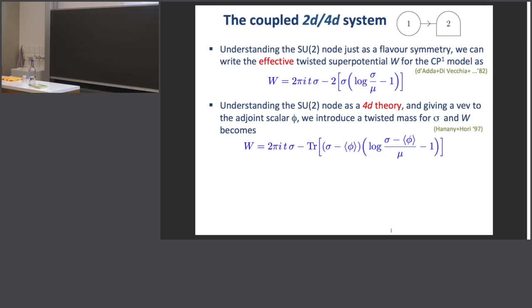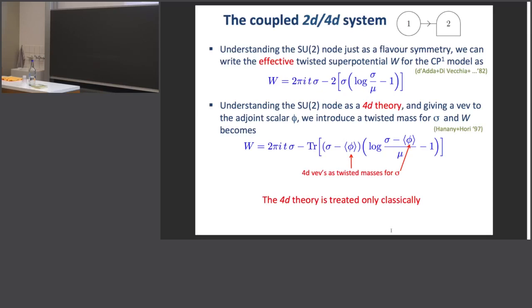And therefore, I can consider, for example, exploring the Coulomb branch of this SU2 and give a vacuum expectation value to the scalar field, which, as Ami and Hori pointed out several years ago, induces masses, twisted masses for the sigma field. So this is a four-dimensional way of describing the theory, but still the four-dimensional theory is treated only classically because these are the classical expectation values.